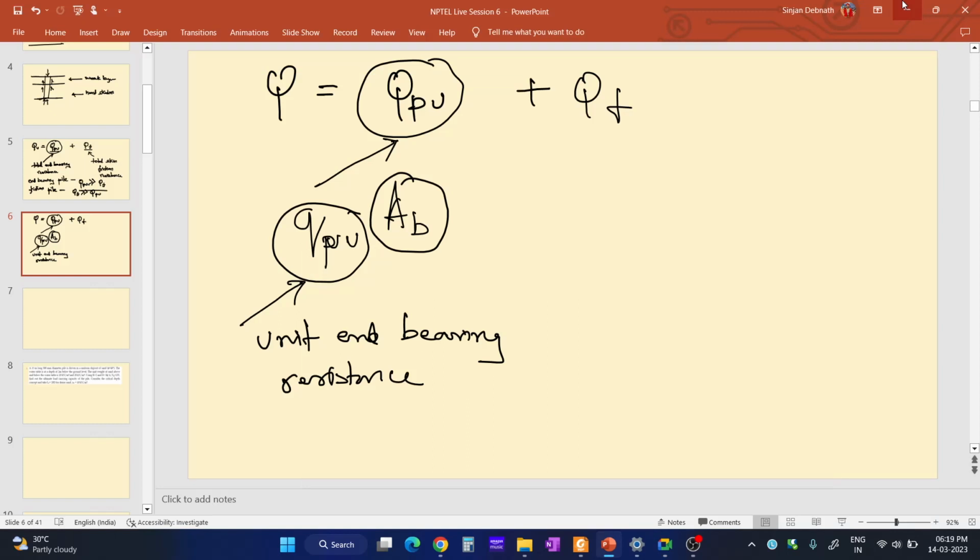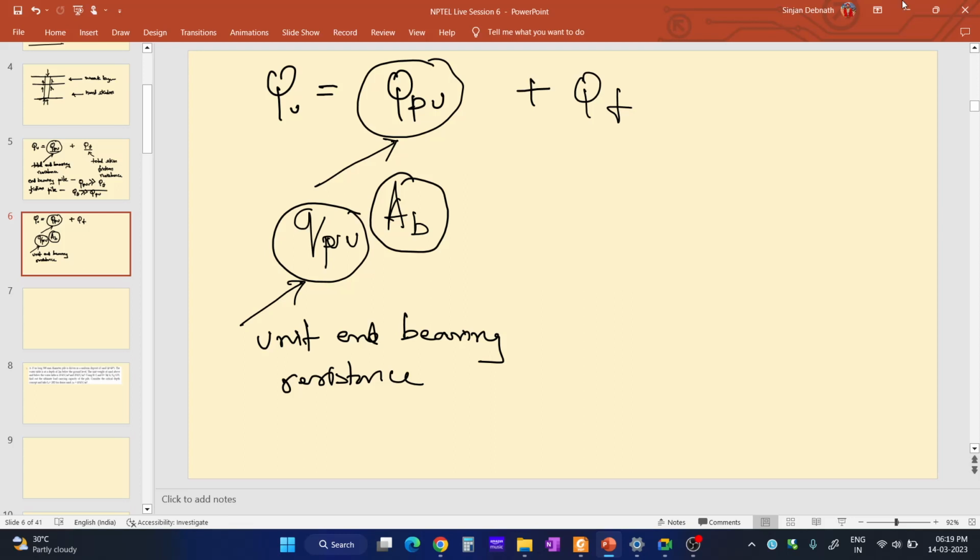So as I was saying, QU, the total ultimate bearing capacity of the pile, is equal to the total end bearing resistance plus the total skin friction resistance. Total end bearing resistance can be written as unit end bearing resistance multiplied by the area of the base of the pile, since the load is being transferred to the hard stratum or bedrock through the tip of the pile.